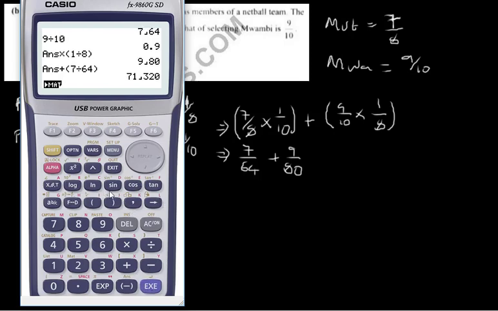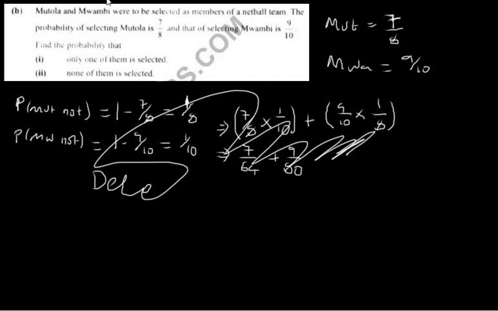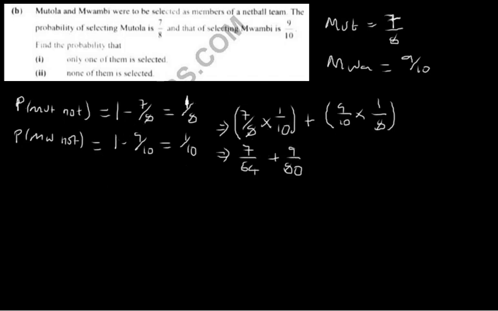So 7 by 8 by 10 gives us 80, plus 9 by 1 gives us 9 over 10 by 8 gives us 80, and this then comes to 7 plus 9 gives us 16 over 80.